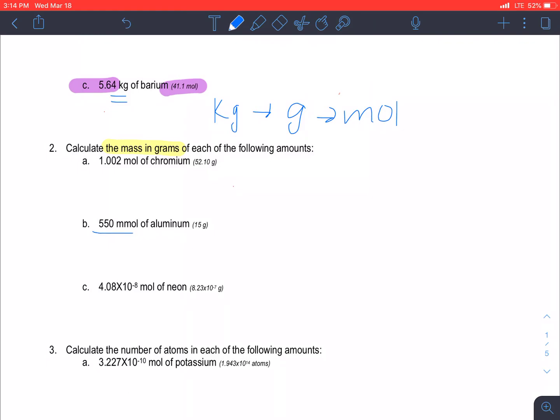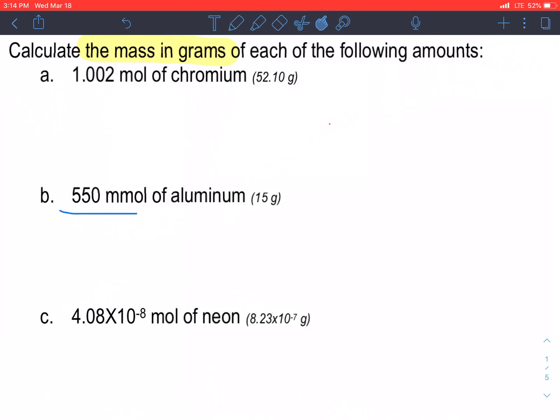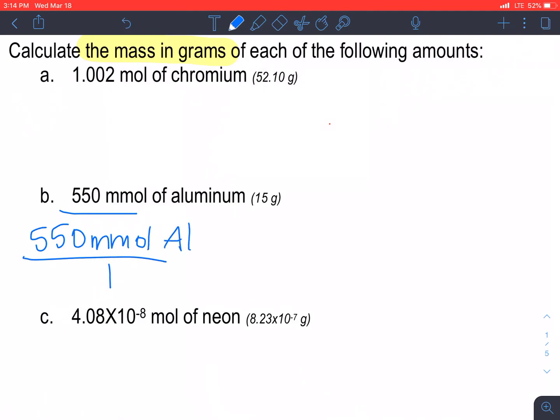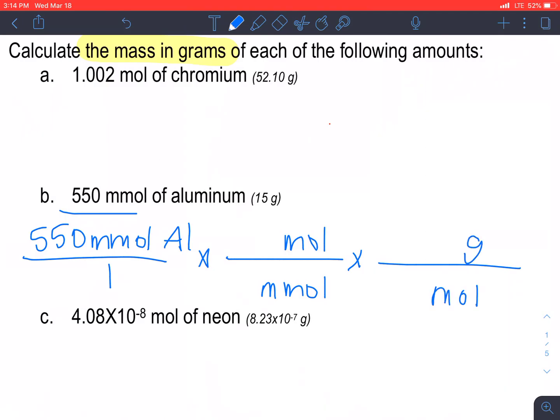We're trying to find mass in grams from millimoles. We're going to start out with the given, put over 1, and this is of aluminum. Before we can go to grams, we need to get our unit into moles. So we're going to go millimoles to moles, and then moles to grams.